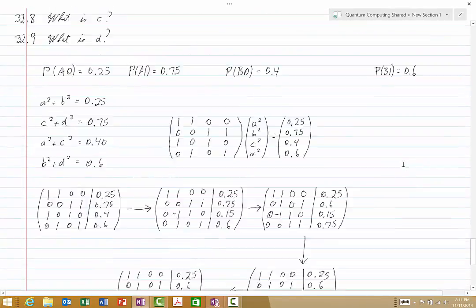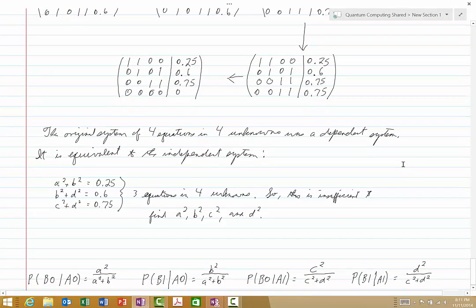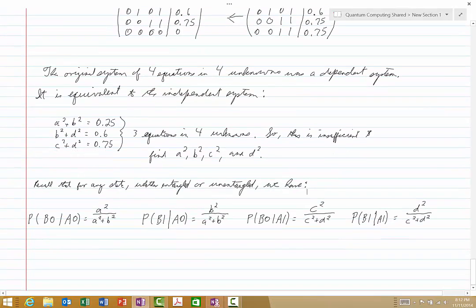And remember again now, I want to remind you, recall that for any state, whether it is entangled or unentangled, these four equations are true.